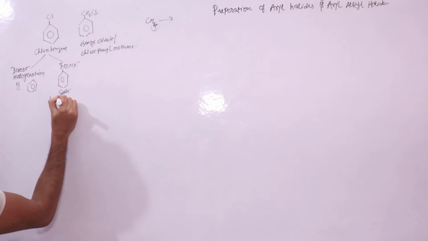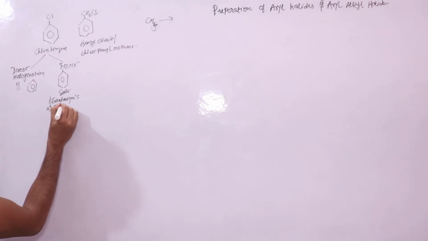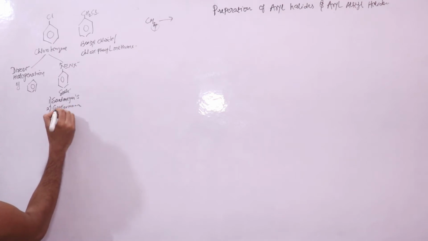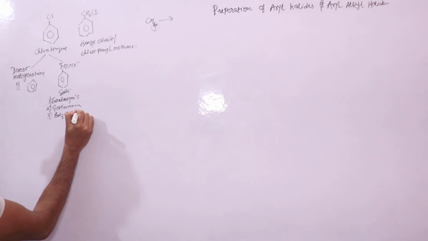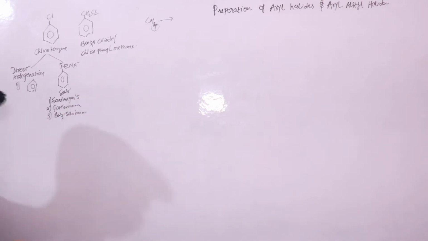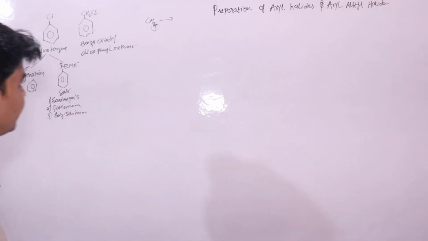First is your Sandmeyer reaction. Second is your Gattermann reaction. Third is your Balz-Schiemann reaction, right? These are important name reactions used for the preparation of aryl halides from benzene diazonium chloride.